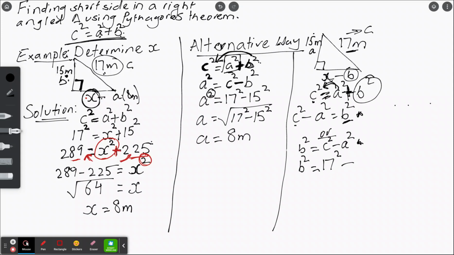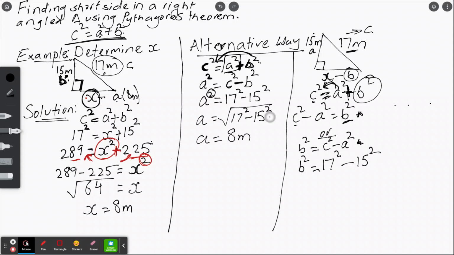Here your b was 15, and x was an a, whereas here x is a b and a is 15 this time. So c squared take a squared becomes 17 squared take 15 squared. See, nothing changes.